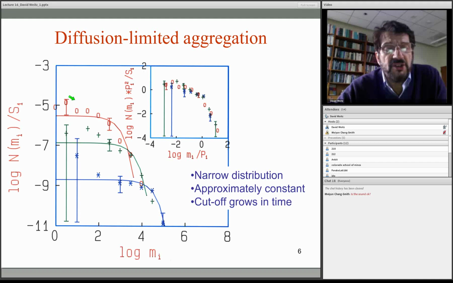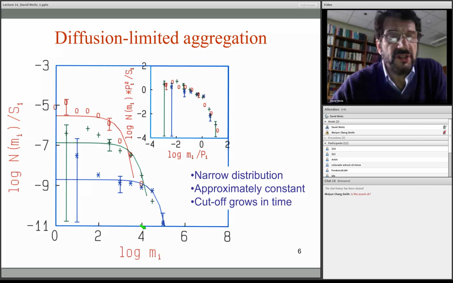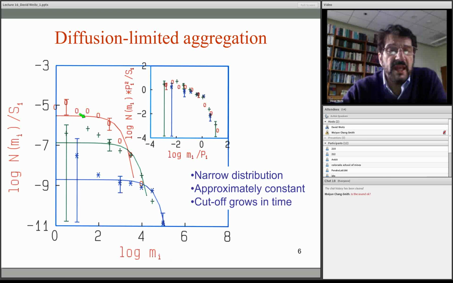This is as a function of time. At early times, this is the logarithm of the distribution, the number of clusters of mass i as a function of mass i, normalized to the total number of particles, and you see that they look, roughly speaking, flat with some cutoff.